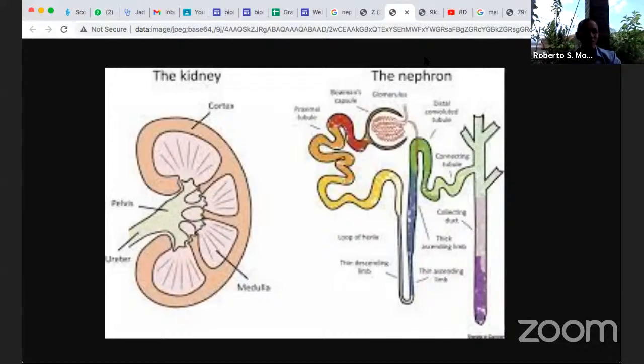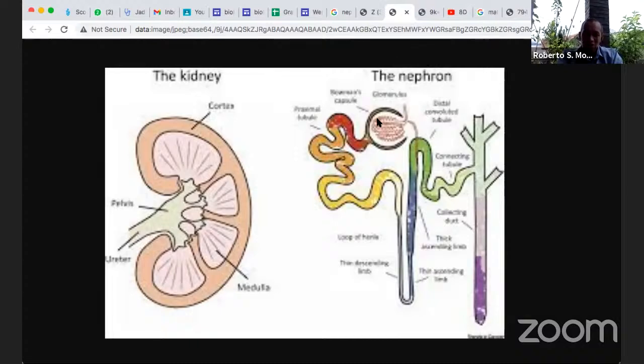Nephron is the man behind the gun. Kidney is just, let's say, a building of workers who are doing only one thing, and the nephrons are the workers. Kidney is the building, something like that. Okay, just came out in my mind.